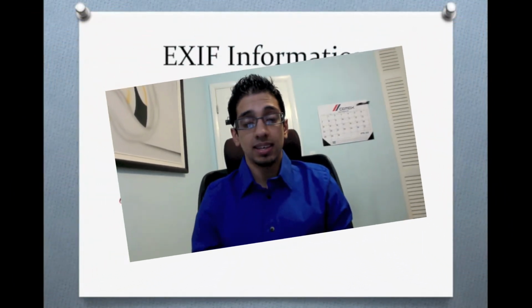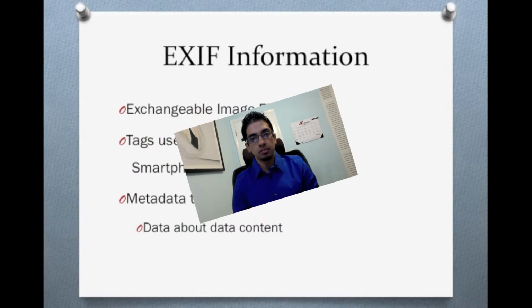Using metadata tags, we are trying to extract data about data, so we want to know exactly what is on the image that we're looking at. Later on, I will show a quick demo of what information can be extracted and how, on a personal level, it could make you uncomfortable, or how, for a forensic official, it could reveal hidden content that we want to know about.